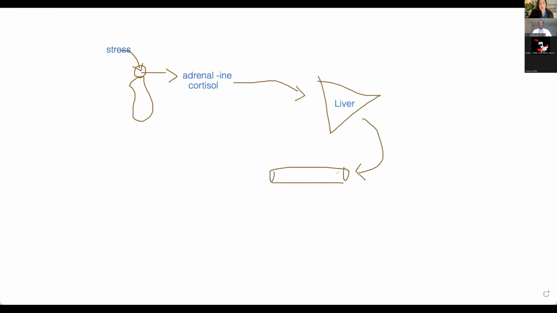It dumps sugar in the bloodstream in order to make that sugar available as fuel to our heart, our muscles, our feet. You guys know I'm not the greatest artist here. That's supposed to be a foot. So that we can run or freeze or hide. So as you can see here, our stress signal has one job and one job alone, and that's to release sugar into the bloodstream.